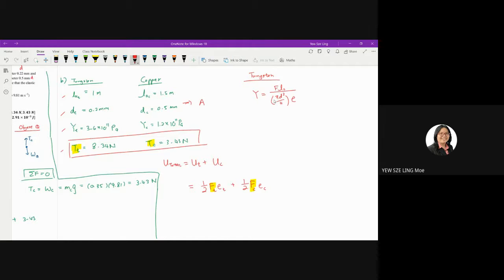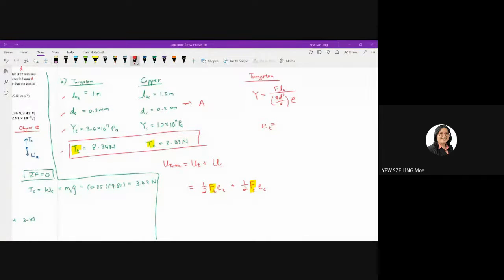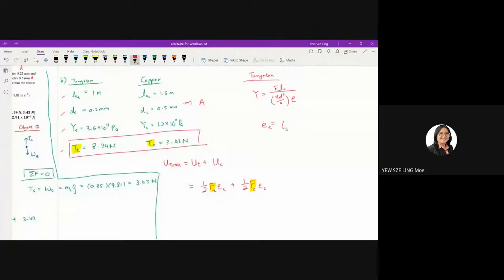So you plug in everything. Eventually, you will obtain E for the tungsten wire equal to 6.09 times 10 to the power of negative 4 meter. I'll leave it to you to plug in everything and see whether you can get E_T or not.